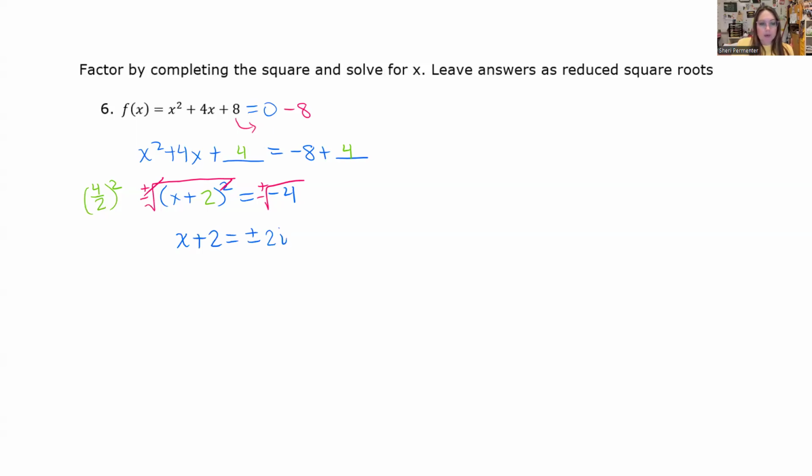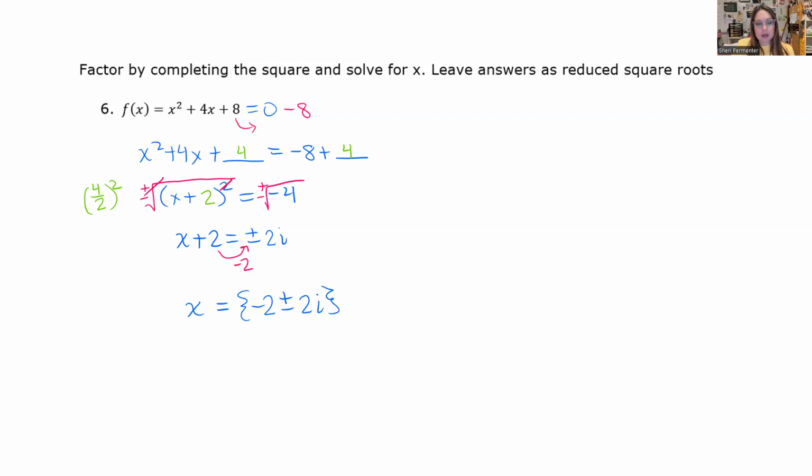And so I am going to bring over the 2. Real numbers cannot be added or subtracted to imaginary numbers, so they're going to stay separate. So when I rewrite this, I have the solution set. X is equal to negative 2 plus and minus 2i.